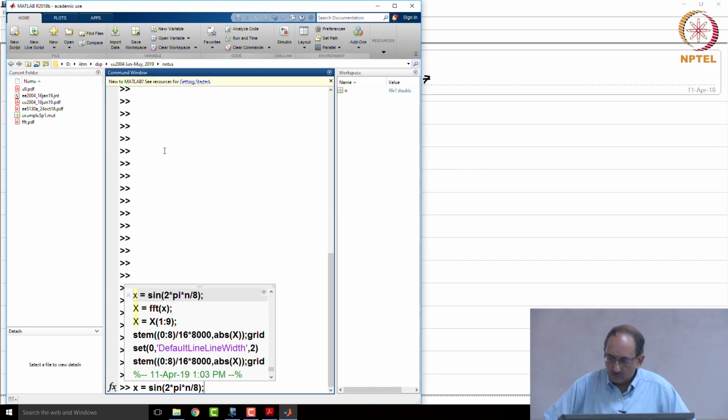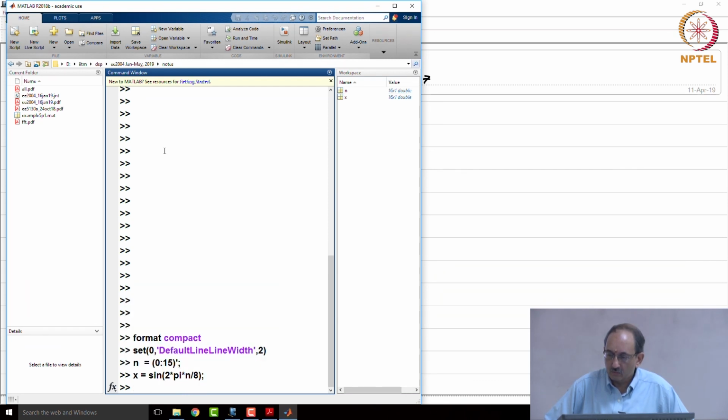All right, let's get started. We were looking at a MATLAB example in last class, and the signal in question was this. So this is nothing but a 1 kilohertz sine wave sampled at 8 kilohertz, and we are looking at 2 cycles here.